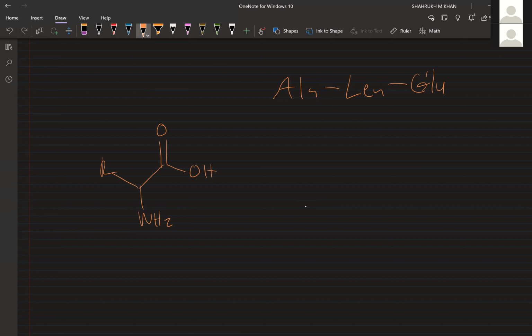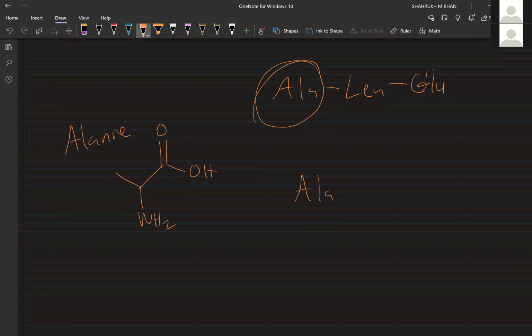The only exception is, I forgot which one is the cyclic one, I think it's proline. Yeah, proline is the only difference, it's like that, right? But basically, the general structure for amino acids is NH2 and this. So really what you could think about is that the R group is like the main base. So let's say ALA, alanine should be a methyl, right? So if this is alanine, right?